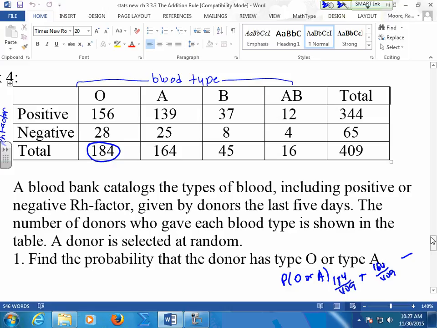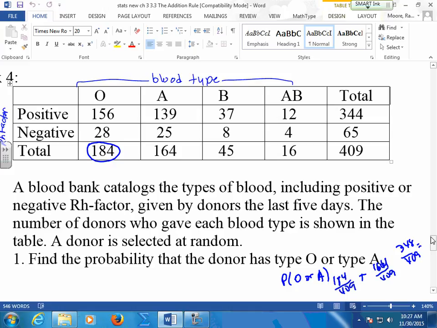And this one works out to 348 over... oops, 340... oops, 164 over 409. And then at the very end, reduce it to a decimal. If you do that, it also lets you compare the rest of them, as long as you leave them all in the same denominator.